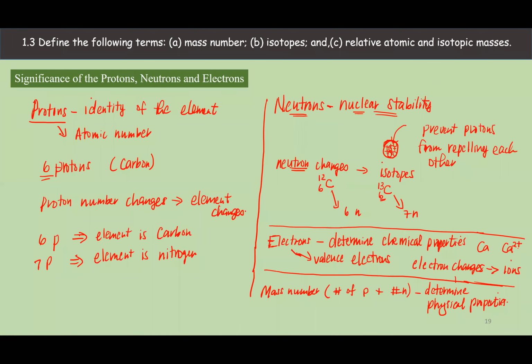But this calcium has 2 fewer electrons than this one here. The calcium ion has 2 fewer electrons than the calcium atom. But they do have the same number of protons and the same number of neutrons, right?